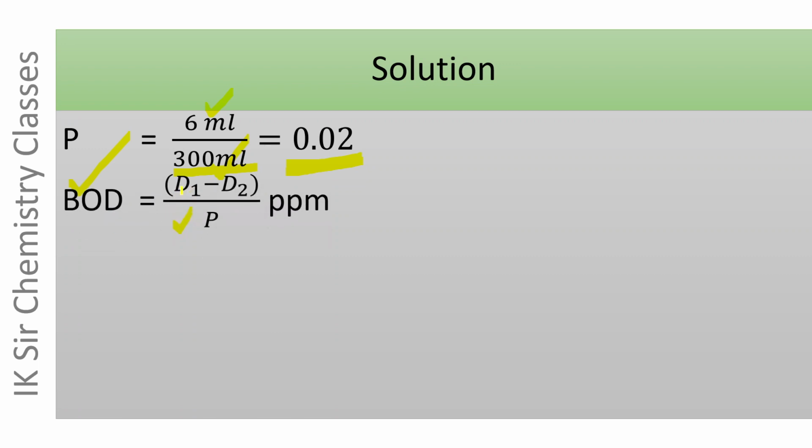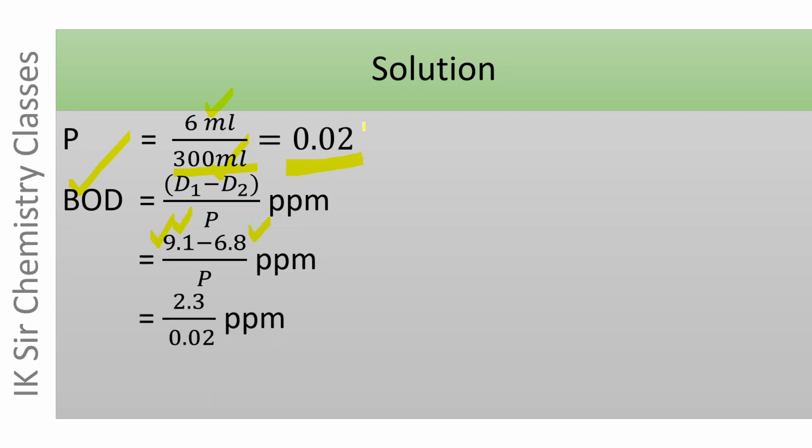BOD will be equal to D1 minus D2 by P ppm. D1 is 9.1, D2 is 6.8, and the value of P as already calculated is 0.02, and therefore the BOD value is 2.3 divided by 0.02 ppm. And on solving it we have BOD value 115 ppm.